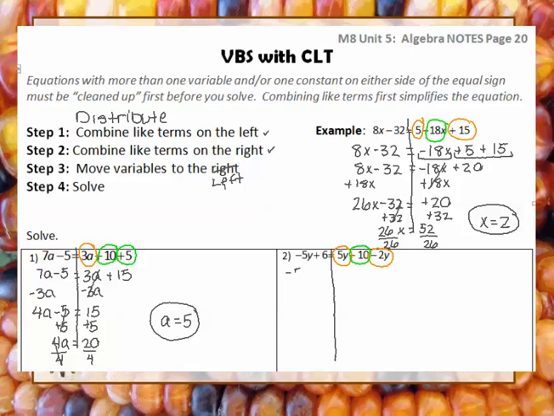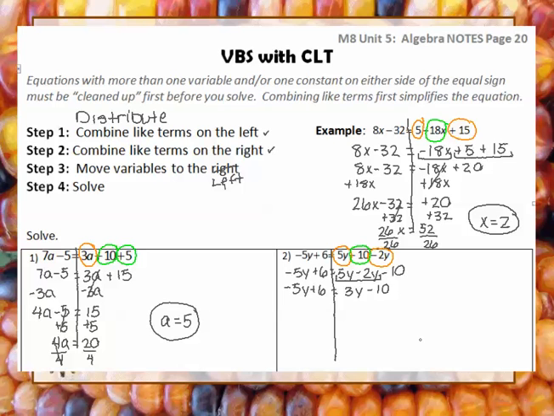So I have negative 5y plus 6 is equal to 5y minus 2y, and that is minus 10. If I combine this here, I'm going to rewrite this over here, negative 5y plus 6 is equal to 5y minus 2y gives me 3y minus 10.